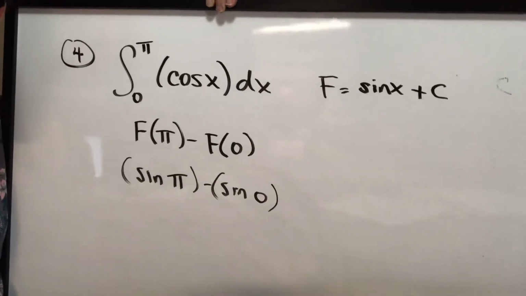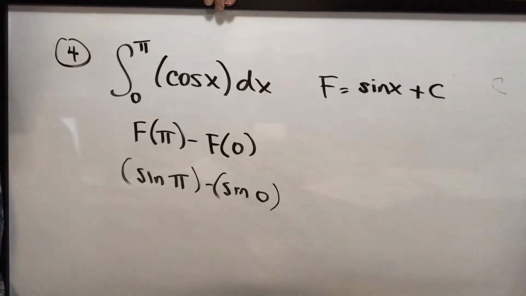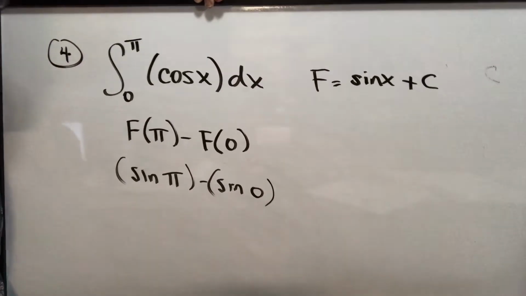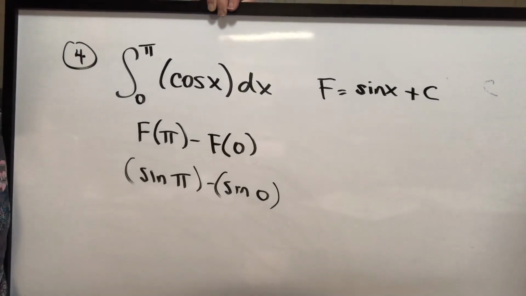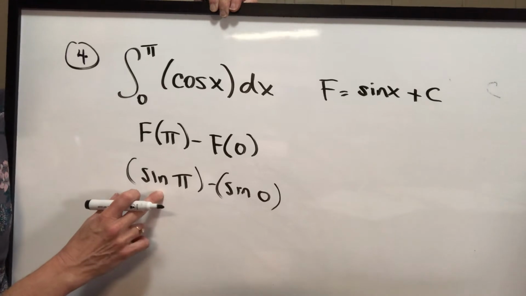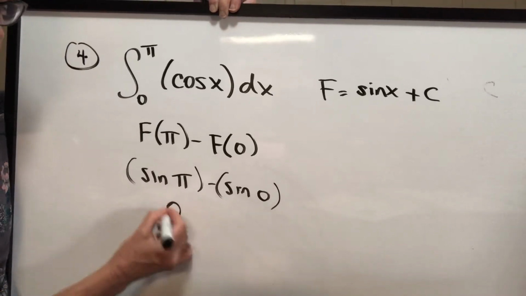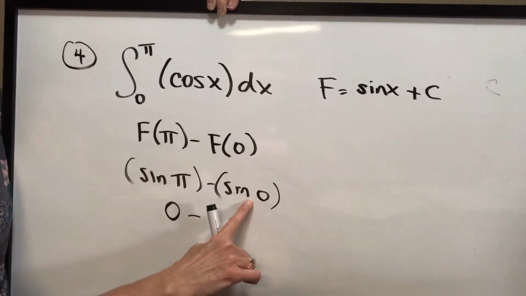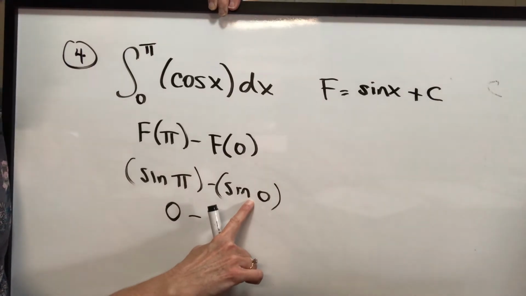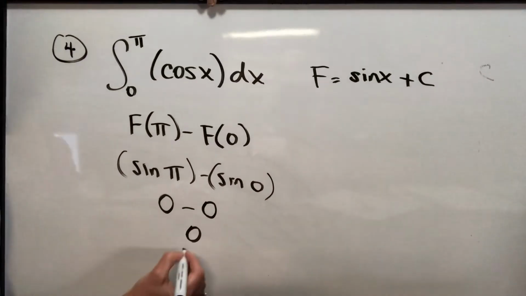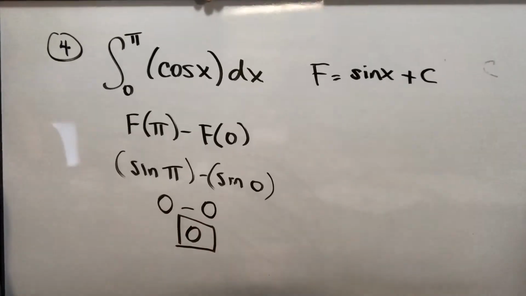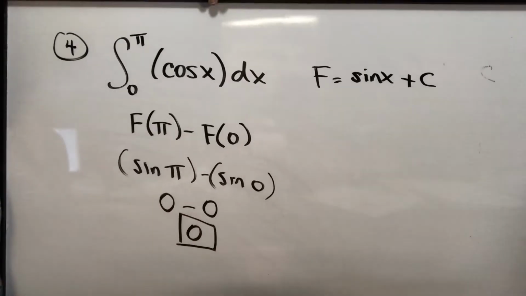You would need to look at the unit circle, and I believe I attached that too. You can either use that or use the unit circle that I gave you in class. If you look at the unit circle, you'll find that the sine of pi is 0, and the sine of 0 is 0. And of course 0 minus 0 is 0. So the final answer for number 4 is 0.